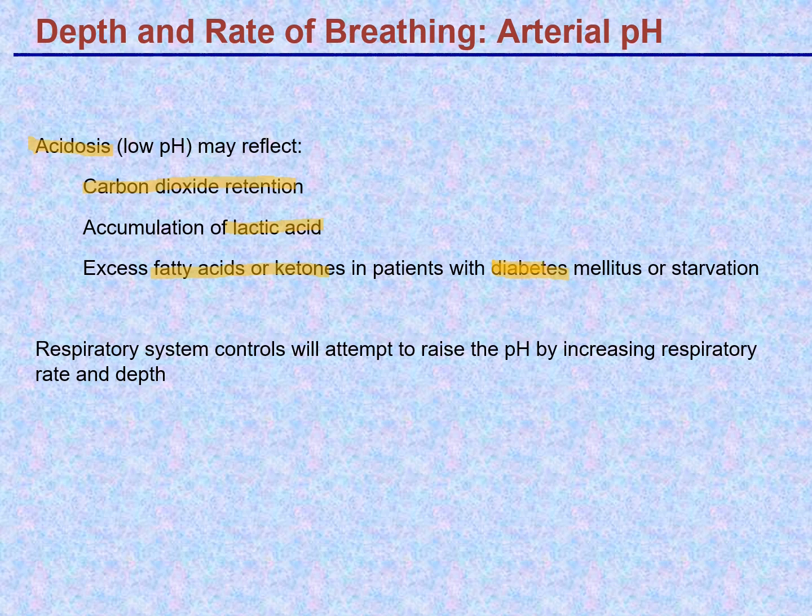These are people who are not taking medication or a proper diet, or in starvation you can get accumulation of these fatty acids and ketones, and that can lead to acidosis. So CO2 retention, accumulation of lactic acid, and the true name of the situation with excess fatty acids and ketones is ketoacidosis.